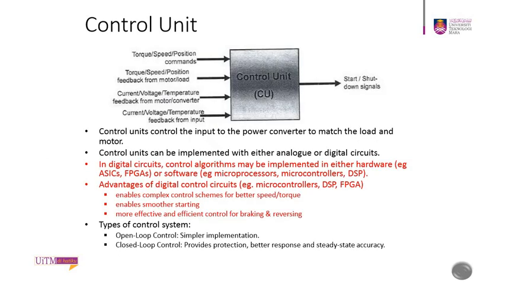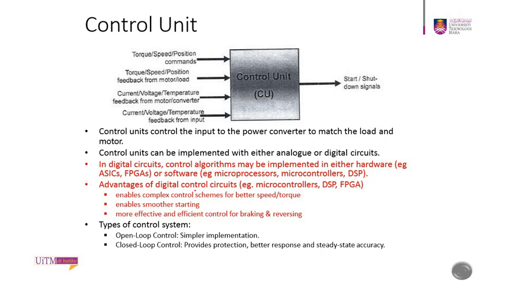Control units are to control the input of the power converter to match the load and the motor, and it can be implemented with either analog or digital. In digital circuits, the control algorithm may be implemented in either hardware, for example ASICs or FPGAs, or software, that is microprocessors, microcontrollers or digital signal processors.